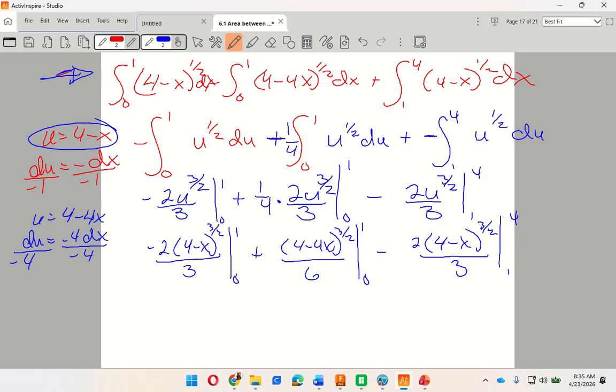So it's 3 rad 3 divided by 3, which is negative 2 rad 3. Minus the lower, which is going to be square root of 4, which is 2, which is 8. Negative 16 over 3.